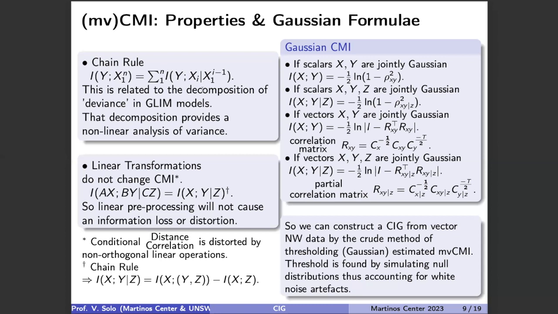And in fact, statisticians who use GLIM models, not to be confused with GLM in fMRI, which is inappropriately named. GLM in statistics really does refer to a class of general linear models, whereas unfortunately in fMRI, because of one person whose name I won't utter yet, this general term is being used for a specific case.